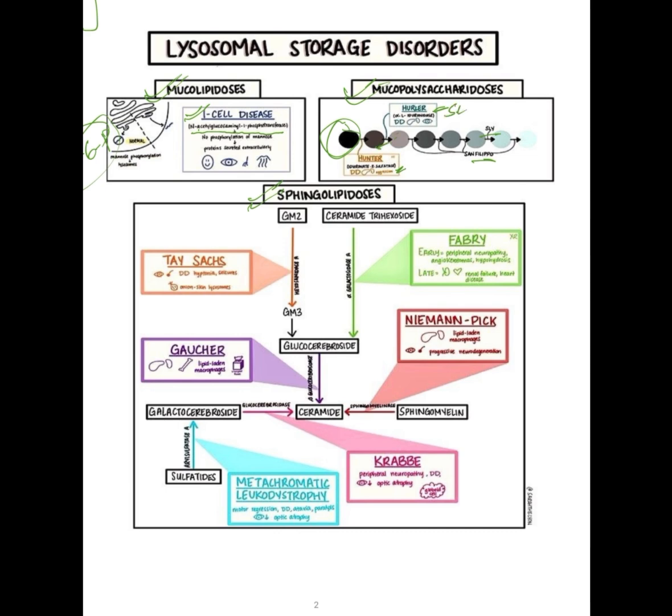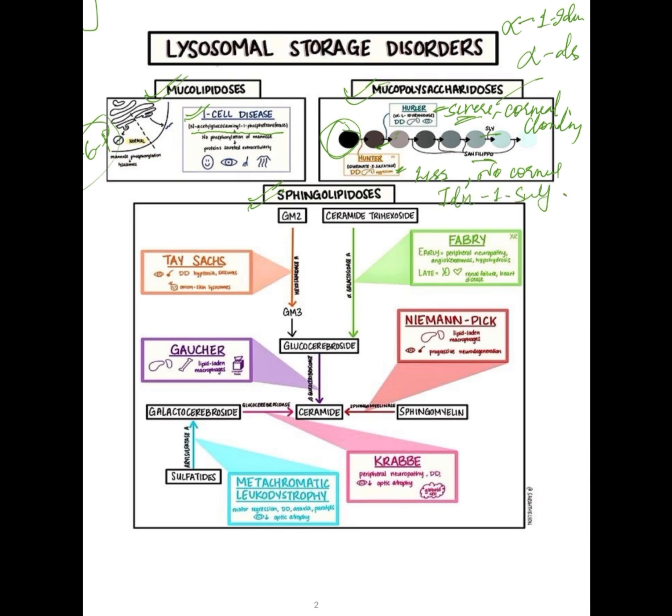However, Hurler is more severe and is associated with corneal clouding, and since it is more severe, you can tell that this is an alpha disease because there is deficiency of alpha-L-iduronidase. However, Hunter is less severe, with no corneal clouding, and the deficiency is iduronate-2-sulfatase.